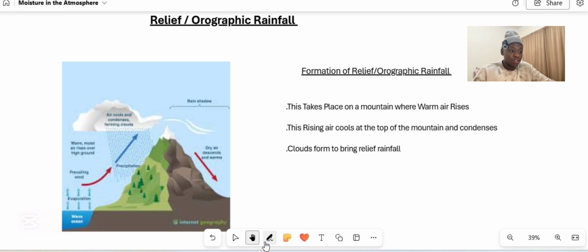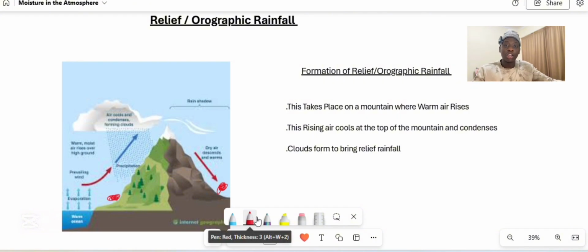There are two sides of a mountain: a leeward side, which is this one here, and a windward side. I'm sorry that I didn't write them in the notes so that you can write them down, but just know that this is the windward side and this is the leeward side. But that will be a much deeper focus in grade 11.